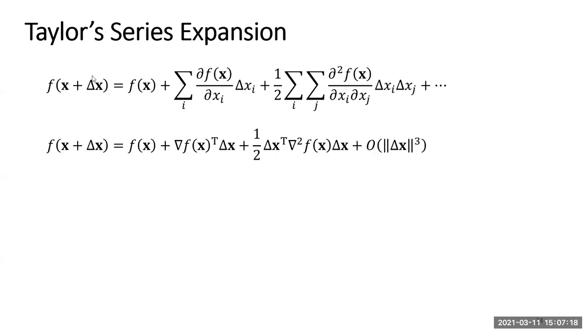Or vectorially, we can represent the same Taylor series expansion in this manner. f of x plus delta x equals f of x plus del f of x transpose delta x, plus half delta x transpose del square f of x, that's the Hessian, delta x, plus error terms, which is order of norm delta x cubed.